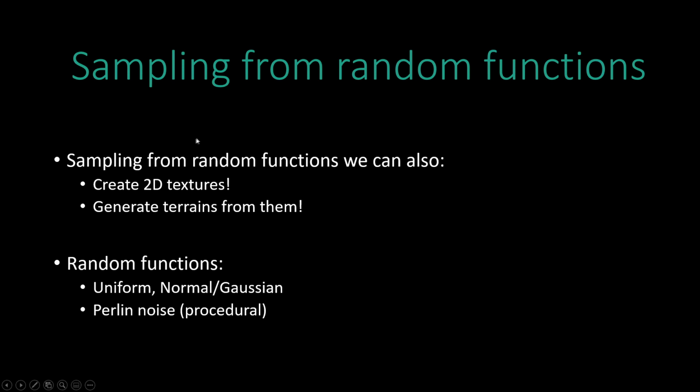And so some examples which are more interesting for us than just looking at random numbers in a row, or analyzing some statistics, could be getting these random functions to generate images for us, to create something like 2D textures, or even to generate some terrains.